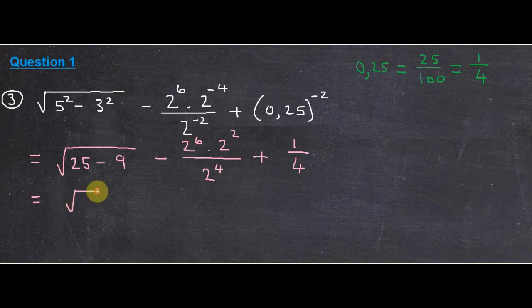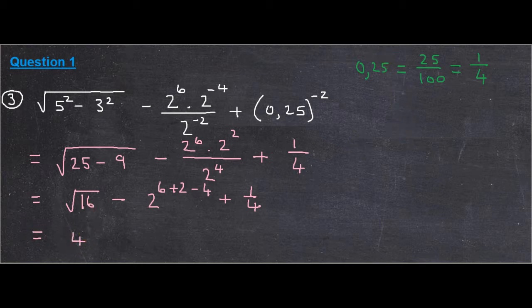This becomes the square root of 16. We can add the powers on top, so it's 2 to the 6 plus 2, and then subtract the bottom power, so minus 4. We know that the square root of 16 is 4.